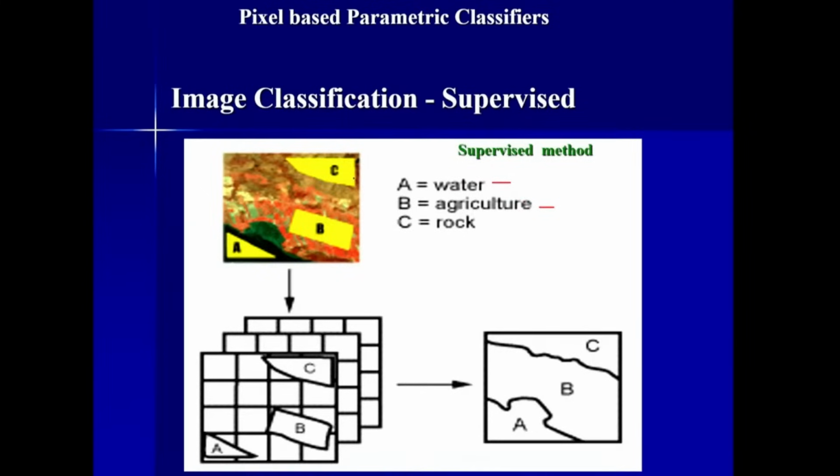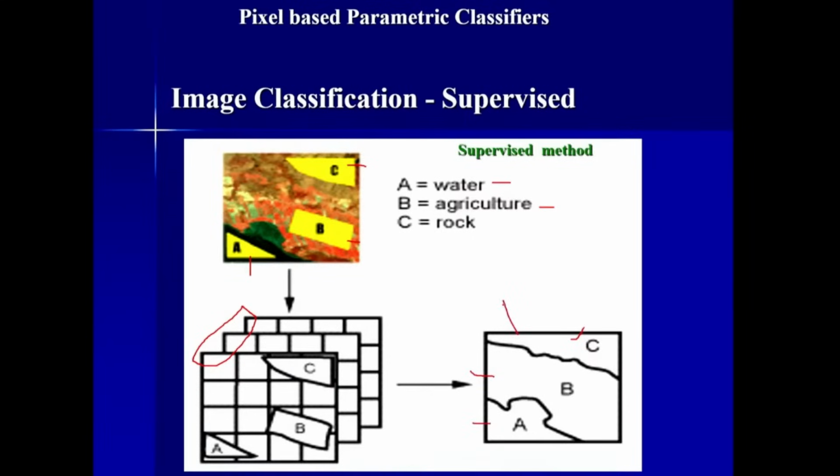You are taking a few samples for each class, that is A, B, and C. Here you have a 3-band input image, and on that you are applying the samples A, B, and C. Once you apply the supervised algorithm, you get the output, and in the output you can see there are label A, label B, and label C.